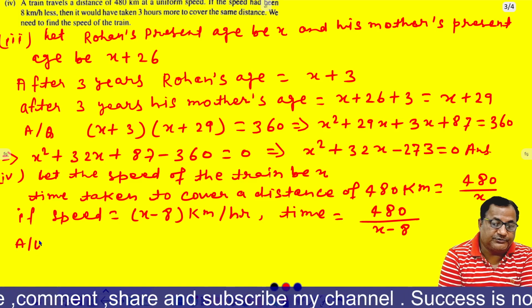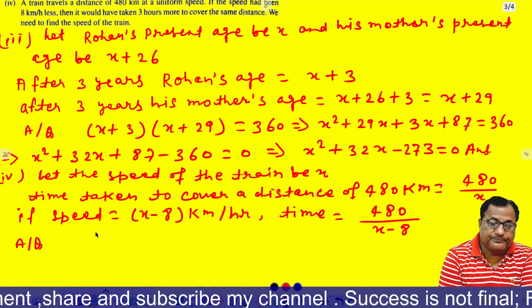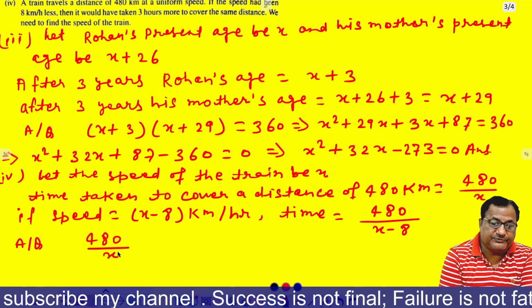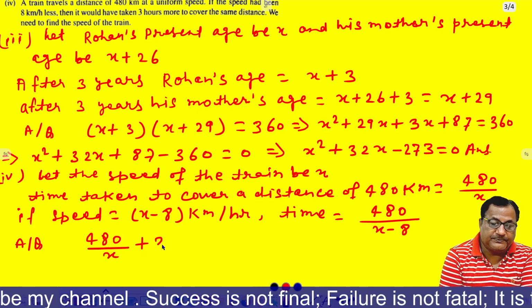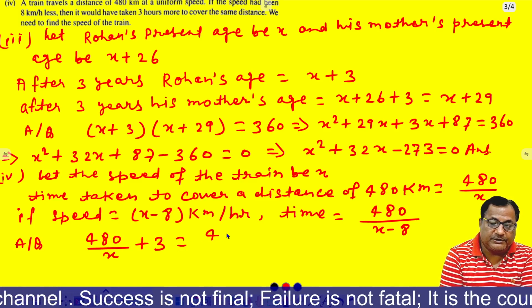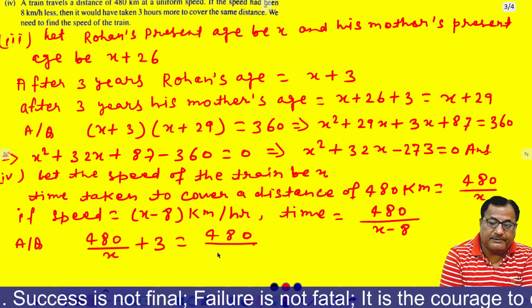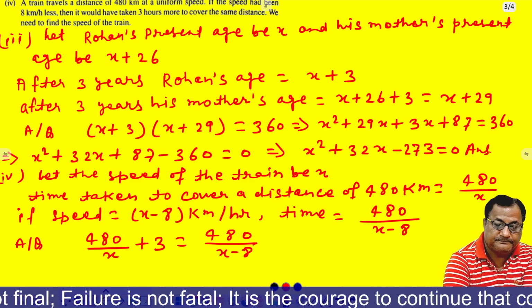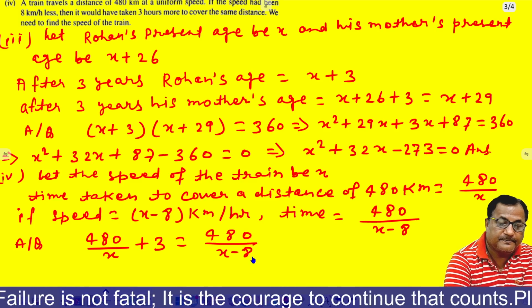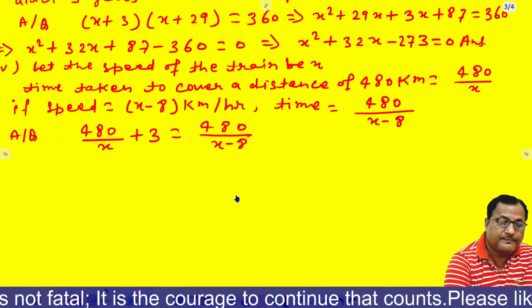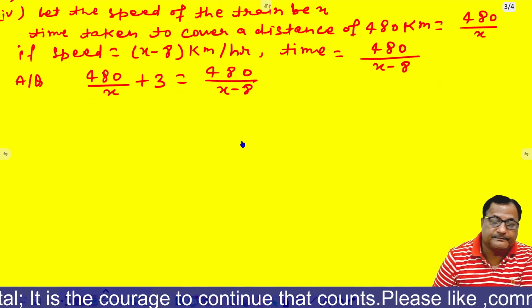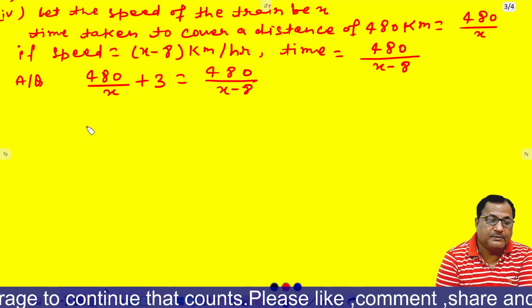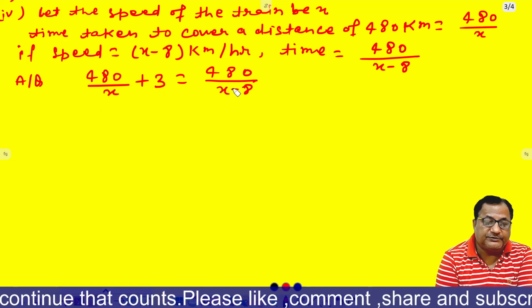Then according to the question, 480 by x plus 3 is equal to 480 by x minus 8. Now we will bring this side and 3 this side.